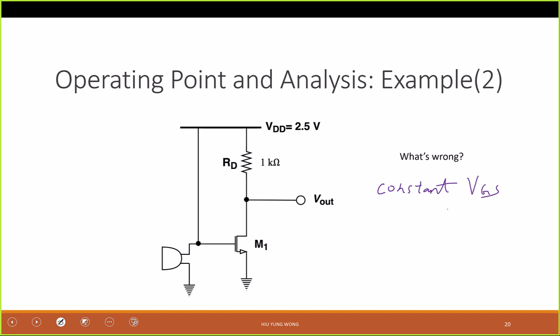VGS equals 2.5 volts. You may say, isn't it connected to here? But we assume this is so strong. This is a DC, you have a very strong power source, just keeping this point at 2.5. Then what will happen? Your microphone is just not working. You have a constant voltage applied, and the whole thing is failing.